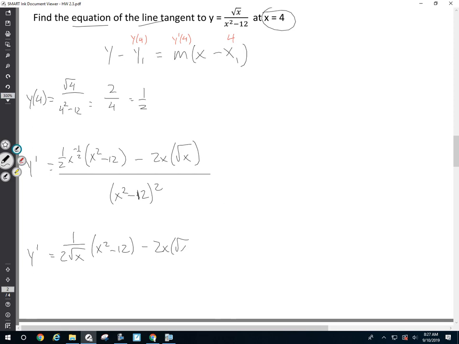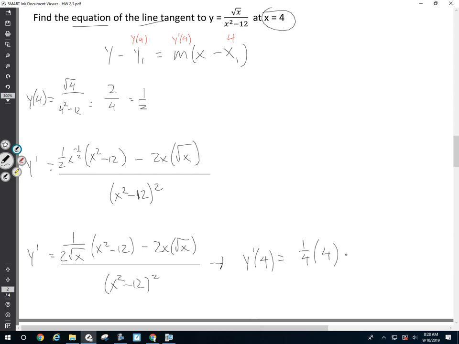So I'm going to just rewrite it like that, and then I'm going to plug in 4 and calculate. Now, this all needs to be done without a calculator, so we've got to do a little bit of arithmetic here. Here we go. y prime of 4 is 1 over 2 times root 4, which is 2, so this is 1/4. This is 4 squared, which is 16, minus 12, which is 4.